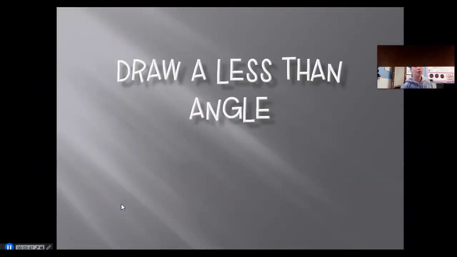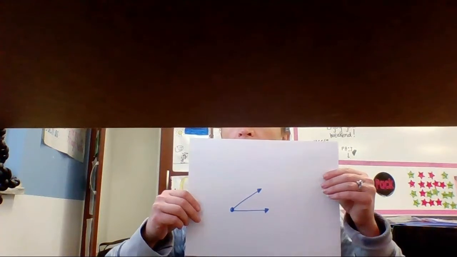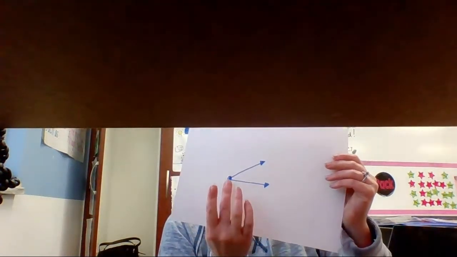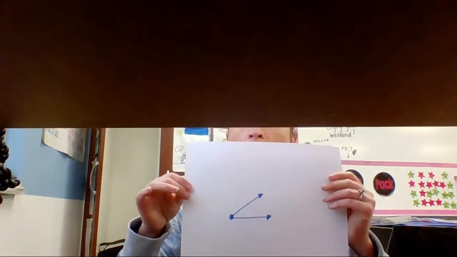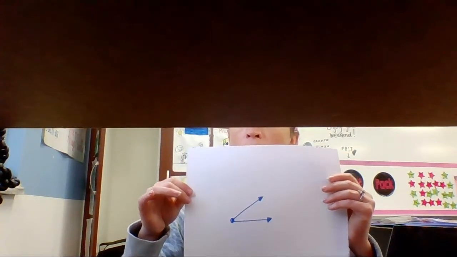Please draw me an angle that is less than a right. If you drew something that looks like this, you are correct. Notice that I have a dot or a point on the end and two lines that go on forever. Also notice that it is smaller than an L.